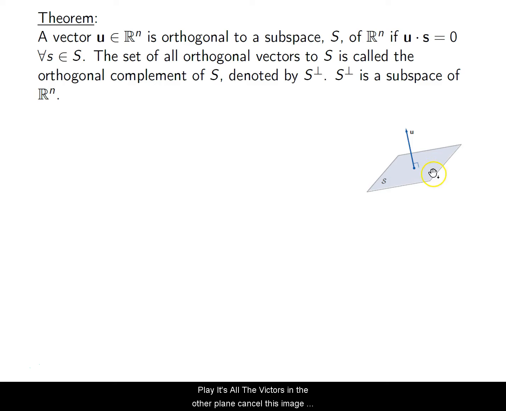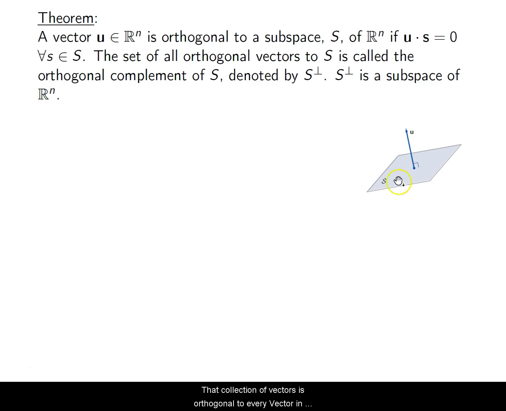So this image right here is just an example of a vector that is orthogonal to every vector in the subspace. If we're talking about 3 dimensions, and my subspace is R2, some plane in R3, any vector that is orthogonal to that collection of vectors is orthogonal to every vector in that plane, because every vector in S lies in this plane.